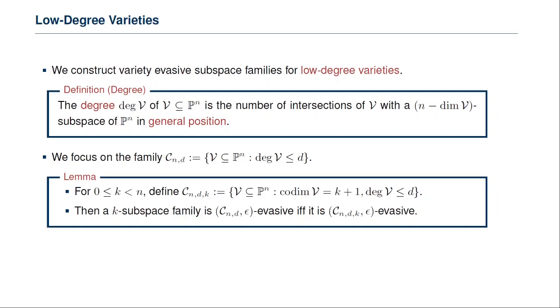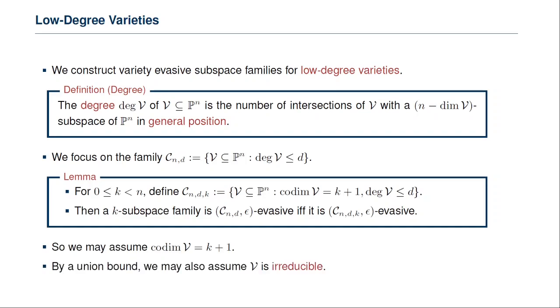If we can handle varieties of codimension k+1, then we can also handle general varieties of arbitrary dimension. So we may assume the codimension of V is exactly k+1. Also, using a union bound argument, we can assume that the variety is irreducible. So from now on, we may assume the variety has codimension k+1, is irreducible, and has degree at most d.